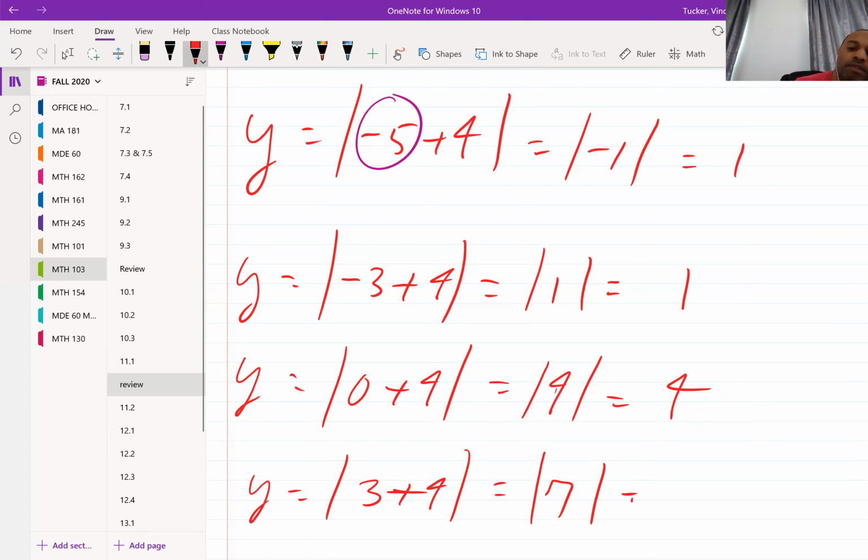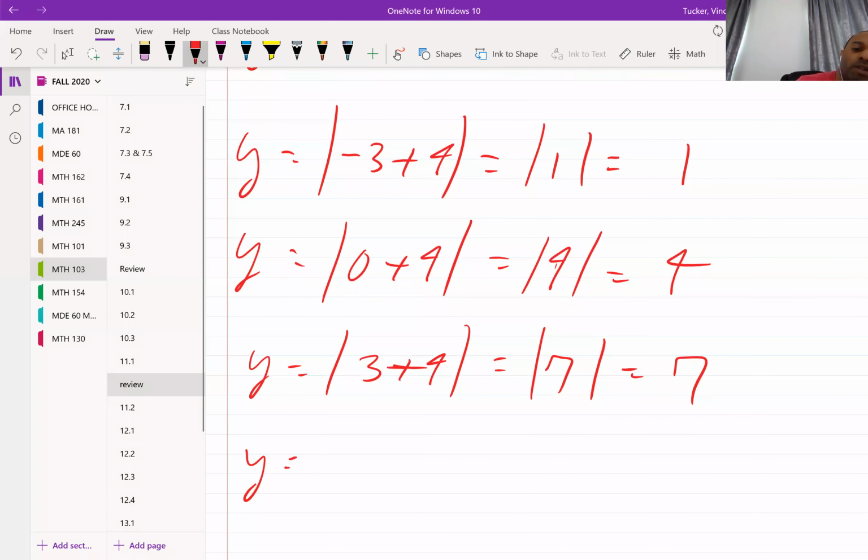When you plug in 3, that gives us 7. And then plugging in 5 will give you 9.